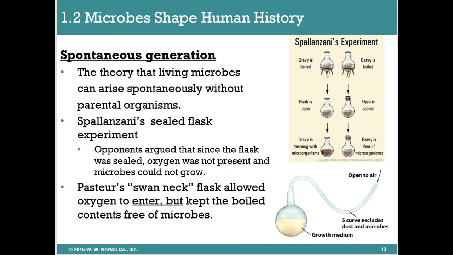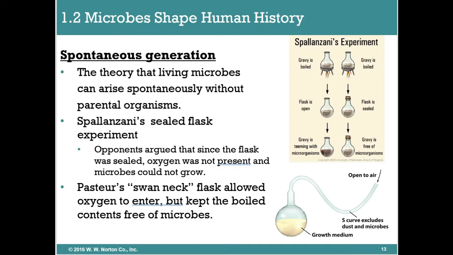So what his experiment, what he did, is essentially the first image that you see. He had some gravy, which was the growth medium, like the food. He boiled it to essentially clean the gravy, and then he left the flask open.